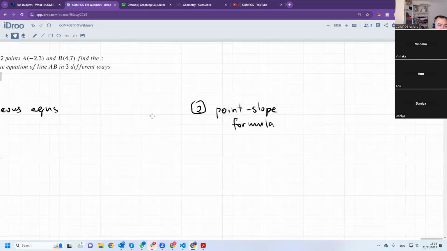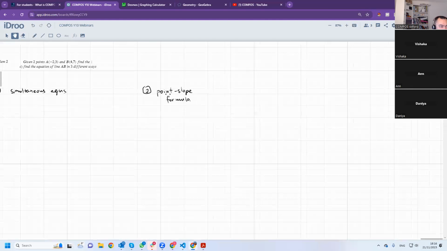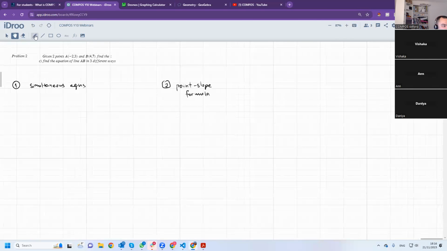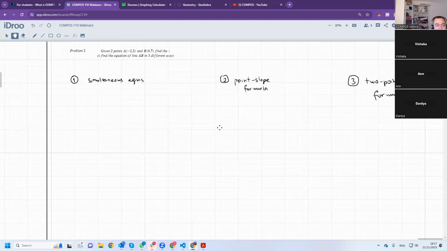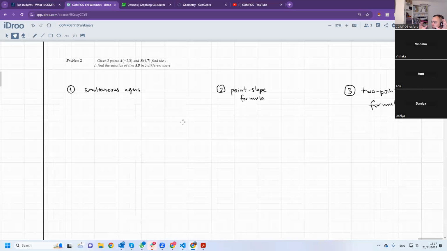And the third one, I don't know if it has a name. It's also a point slope formula, but let's call it the 2-point formula. So I'm going to arrive at the same solution in 3 different ways.